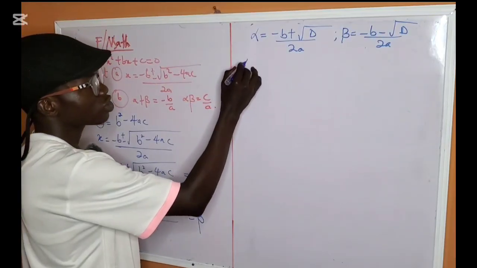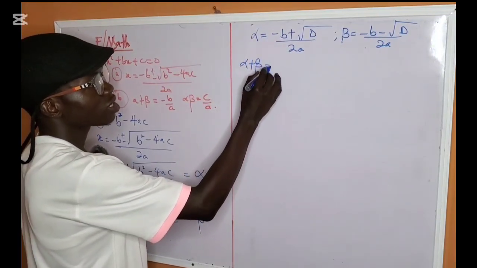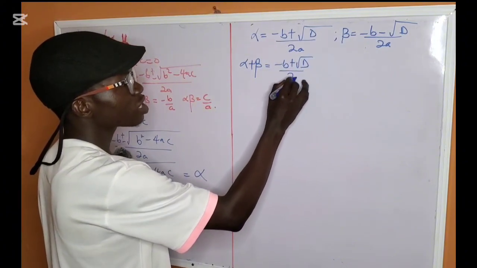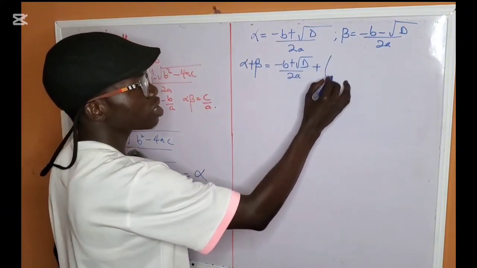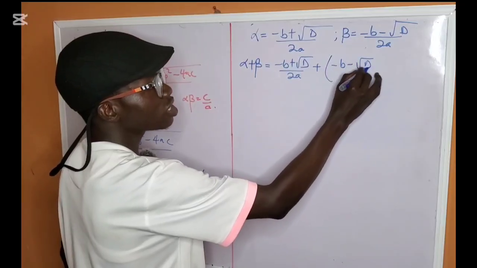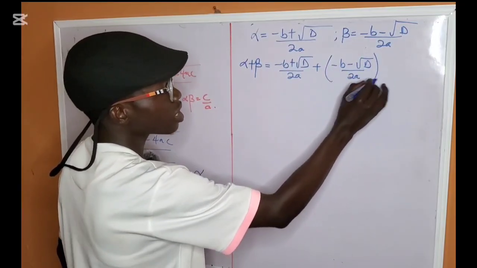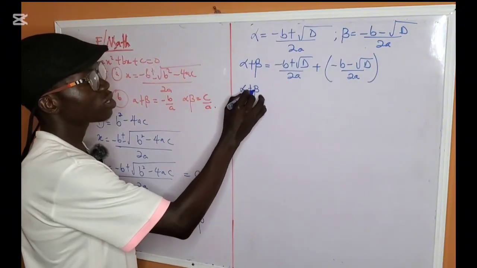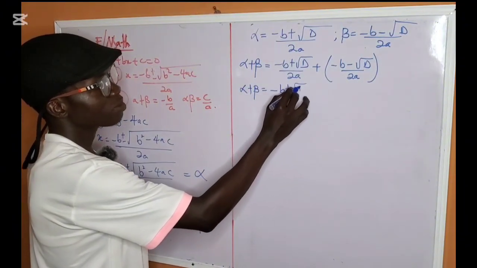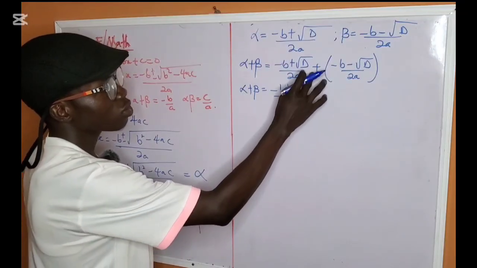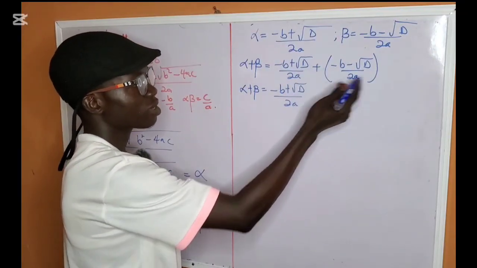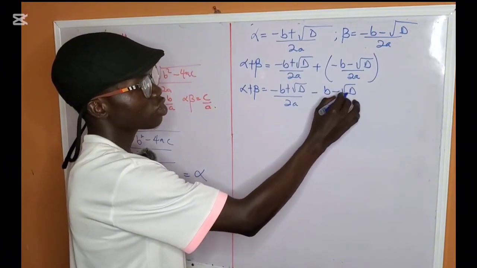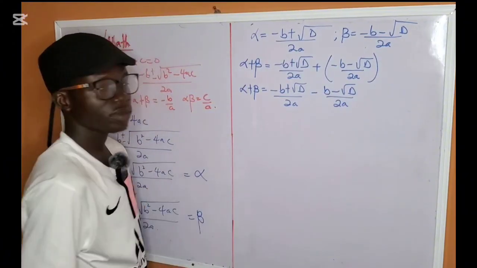So let's solve for alpha plus beta. So what's our alpha? Minus b plus root d over 2a plus beta, which is going to be minus b minus root d over 2a. So the next thing to do is we need to remove the bracket and simplify. So plus times minus is minus, plus and minus minus, so we are going to have minus b minus root d over 2a.